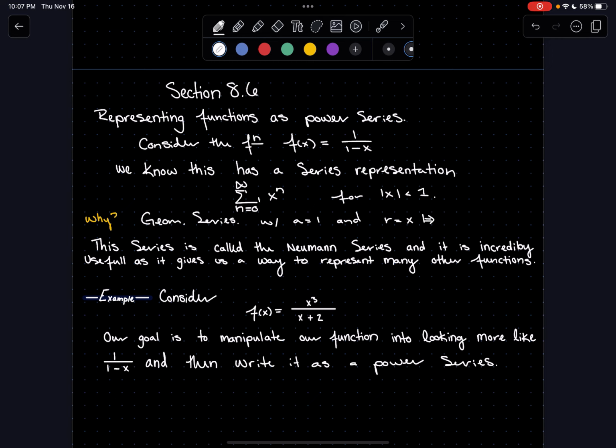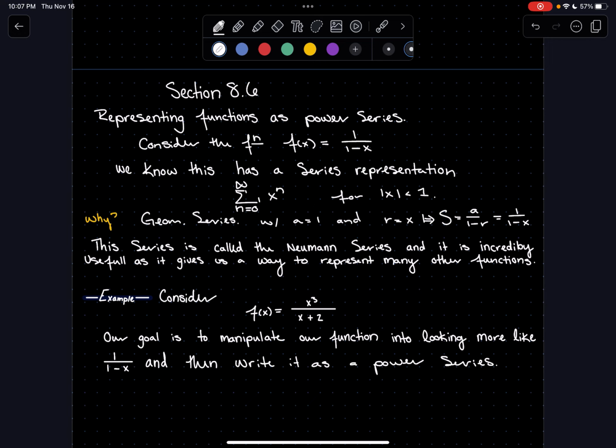So, right, this converges to a over 1 minus r, right? That's what our formula is, and that's 1 over 1 minus x. So this converges, and when did we say that geometric series converged, right? When the absolute value of the ratio was less than 1, right? So that's how you can see this. We can easily get it from our geometric series formula.